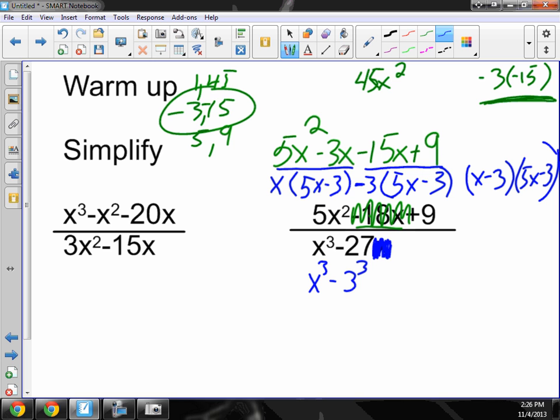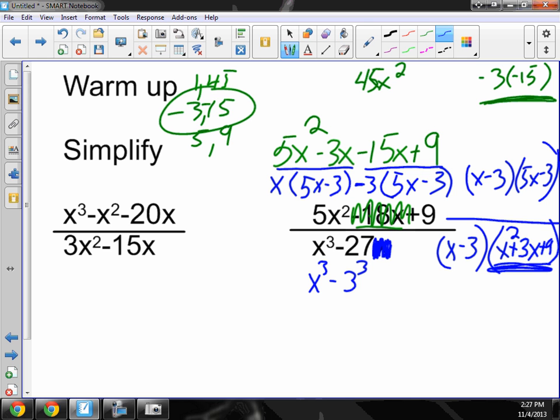And the pattern says, if you have a to the third minus b to the third, it's a minus b, so x minus 3. And then a squared, which is x squared, plus ab, so plus 3x, plus b squared, is plus 9. Will this factor again?